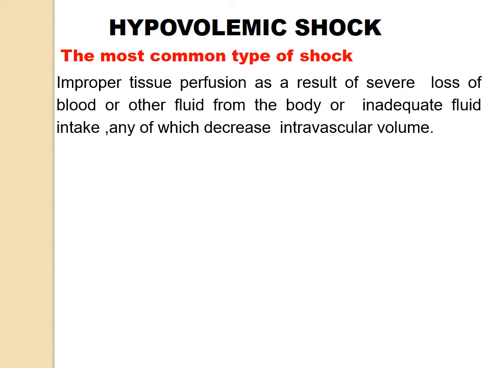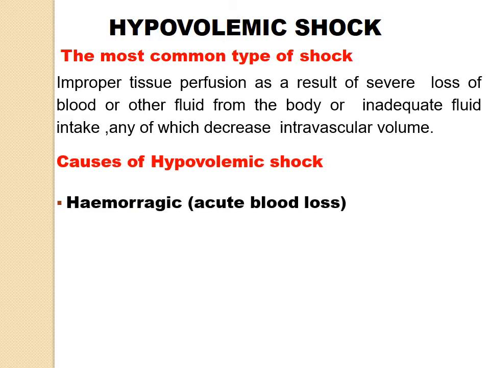So this hypoperfusion takes place here due to the decrease in volume. This kind of shock is related to fluid. So there are causes of hypovolemic shock, and here I summarize three. Number one, hemorrhage or acute blood loss.